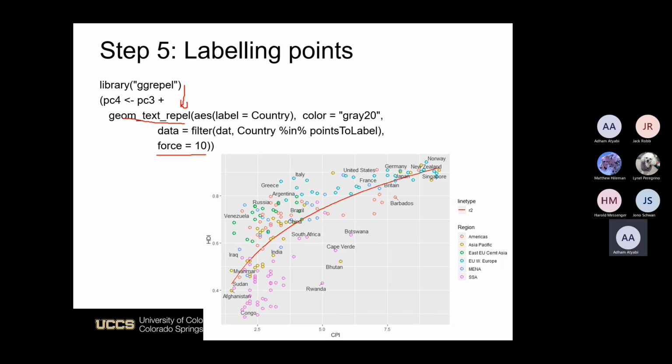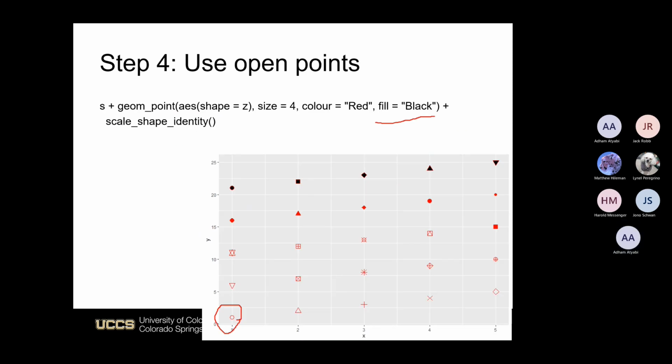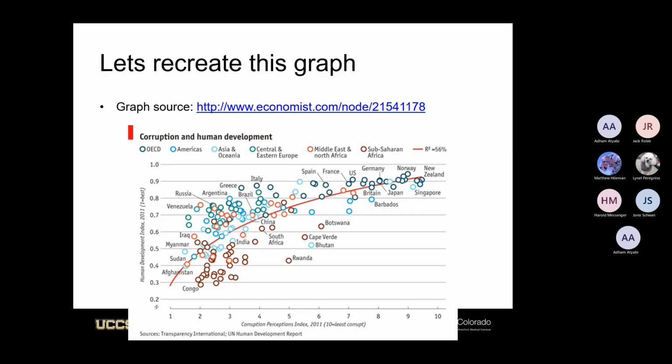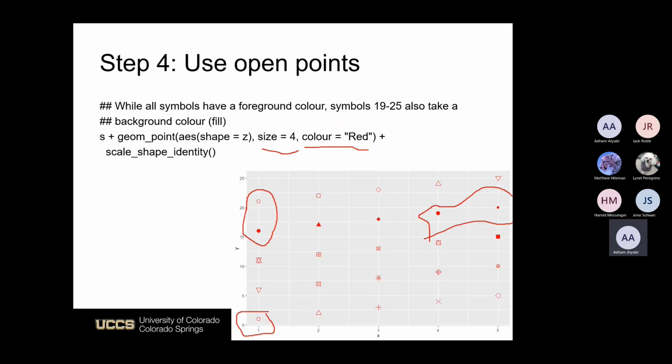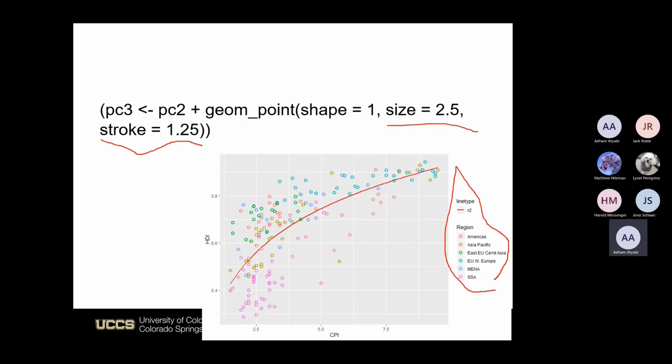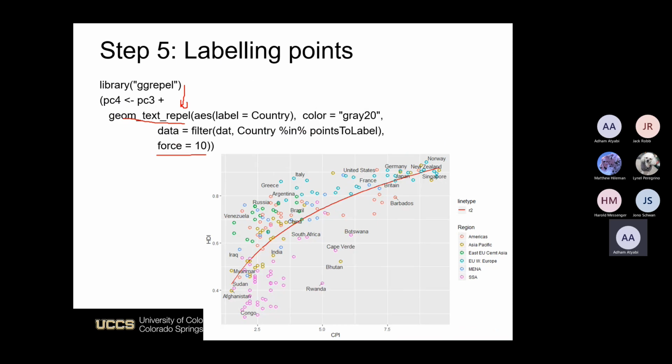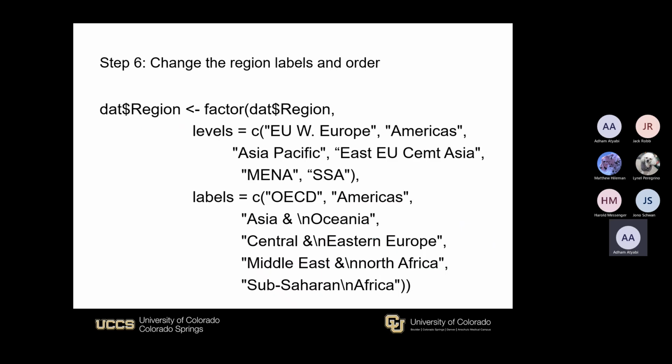It's still not as good in terms of the way that the labels are presented, but at least the labels are in the correct location now, and they are not overlapping each other.